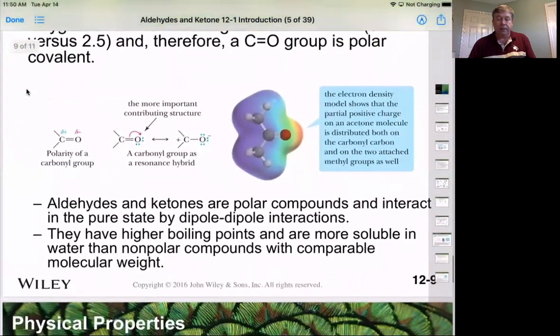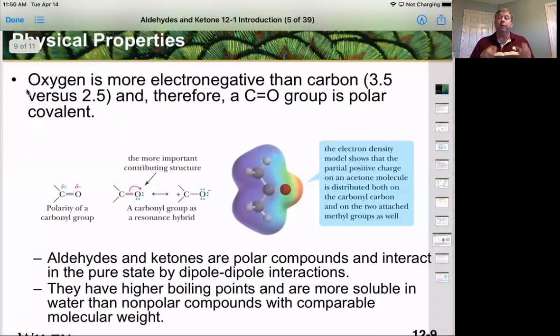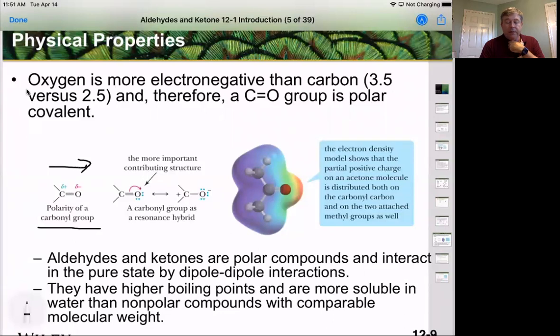Okay, so let's talk about some physical properties and what makes the carbonyl group a functional group. Unlike an alcohol where we have an acidic proton, we do not have that. We have a polar carbonyl group. And it's polar because the oxygen is more electronegative than carbon, meaning it's pulling electron density away from the carbon, making the carbon partially positive and the oxygen partially negative.